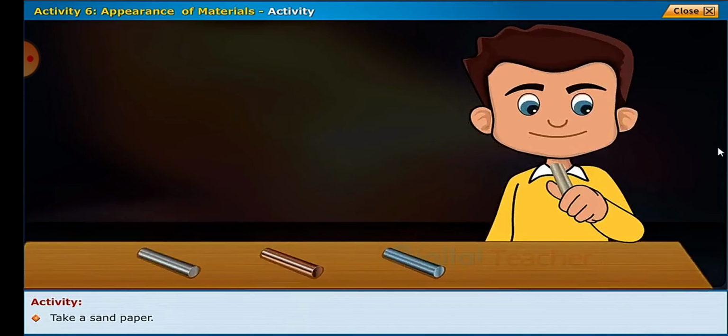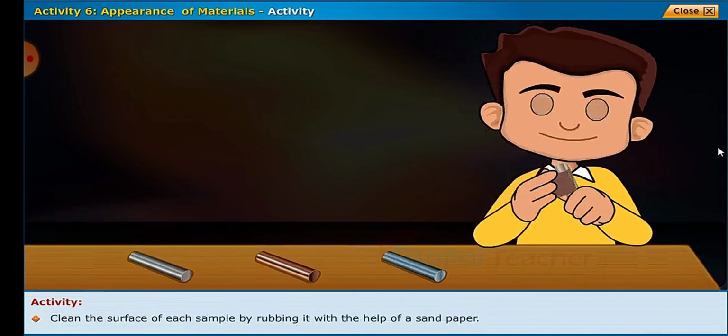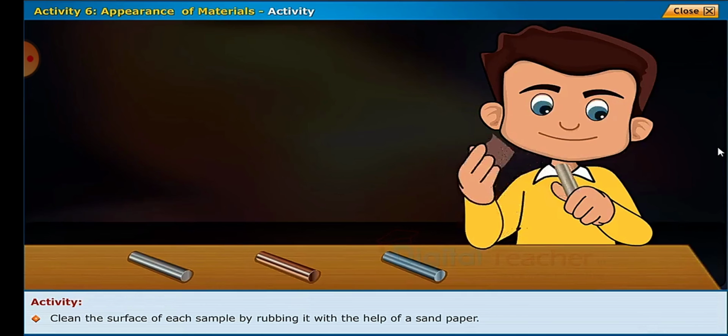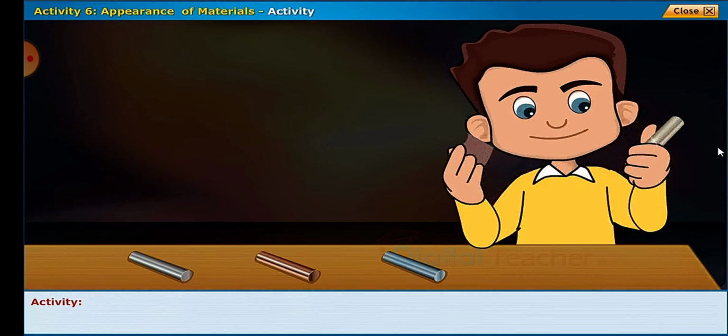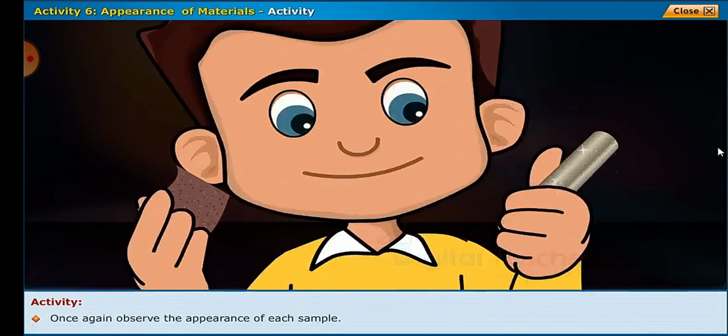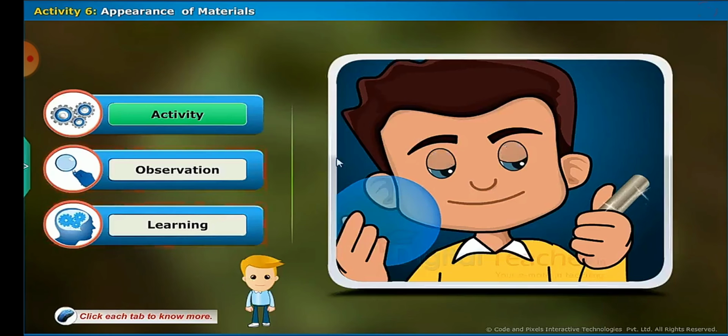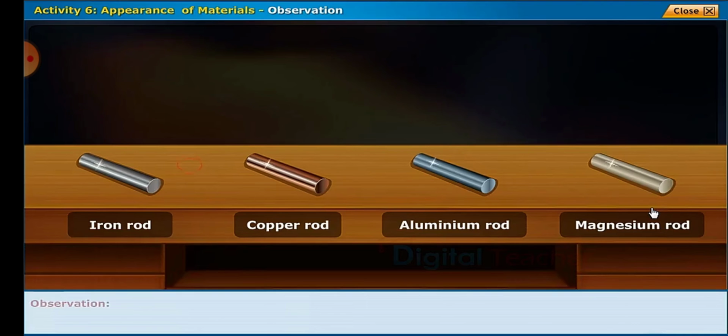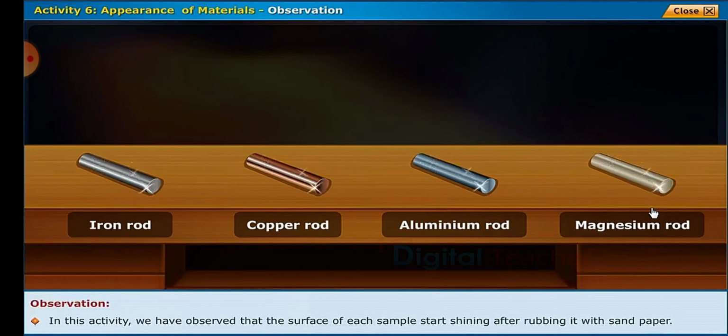Take a sandpaper. Clean the surface of each sample by rubbing with the help of a sandpaper. Once again, observe the appearance of each sample. In this activity, we have observed that the surfaces of each sample start shining after rubbing with sandpaper.